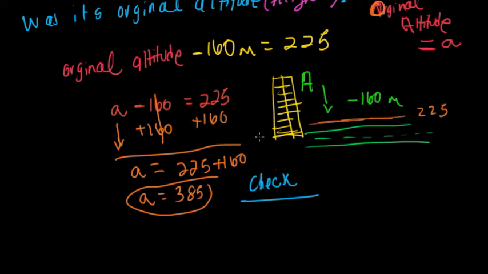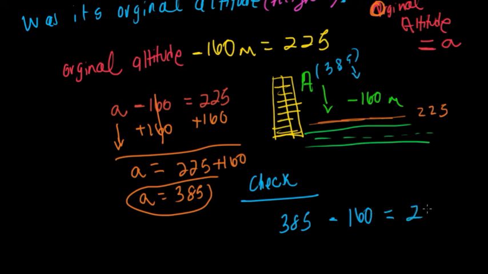It says that the original altitude minus 160 meters should be 225. The original altitude, which is A, is 385, and then he flew down 160 meters. So we subtracted 160 meters.